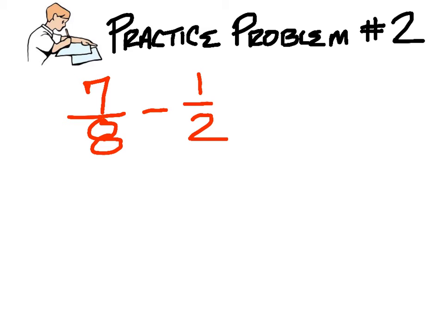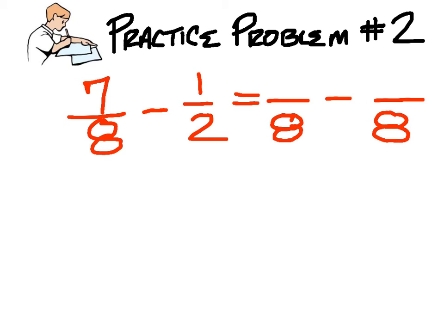Practice problem number 2. 7 over 8 minus 1 over 2. For the practice problem, we need the least common denominator between 8 and 2. That is going to be 8. And then we have to figure out what we're multiplying by.